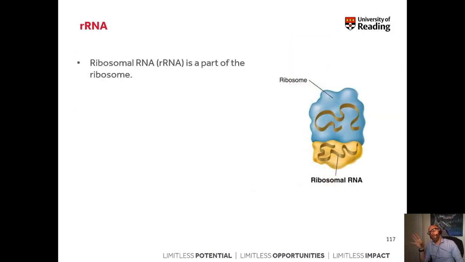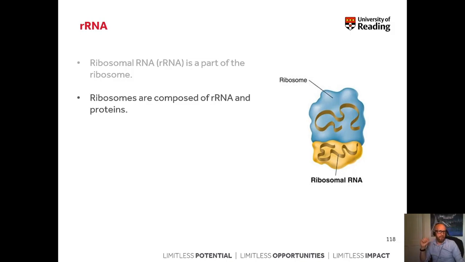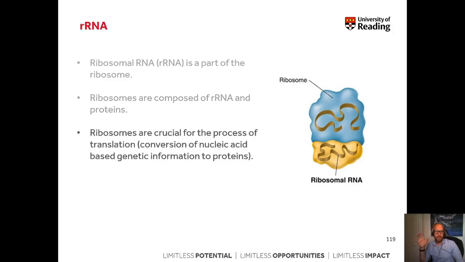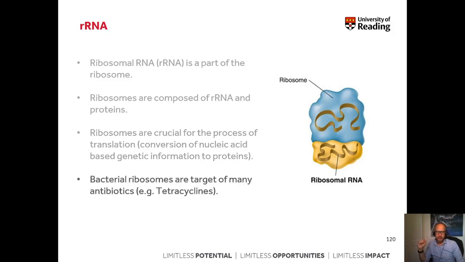The last type of RNA, one of the three most common ones we need to have a look at, is rRNA. rRNAs are ribosomal RNAs that form a part of the ribosome. rRNAs are only one component of the ribosomes, because ribosomes are composed of ribosomal RNA on one hand, and on the other hand they have a protein portion as well, and they are crucial for the process of translation, for the conversion of the information on the mRNA into proteins.